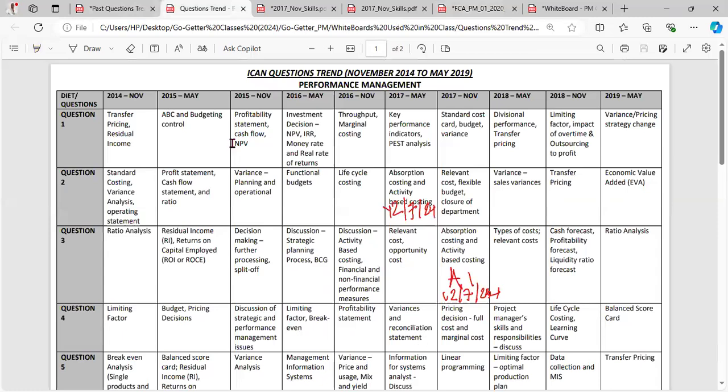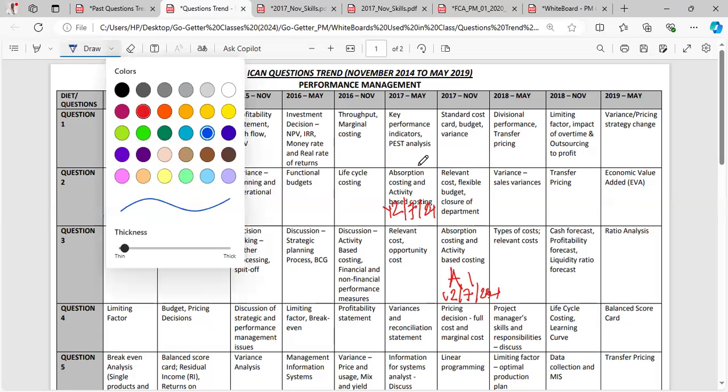We're going to look at the ones that have relevant costs. So this is question 1, an assignment for you.